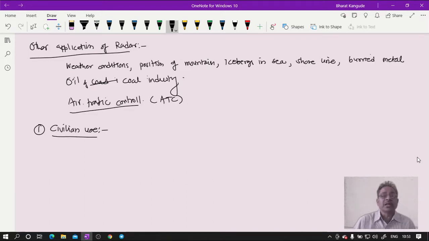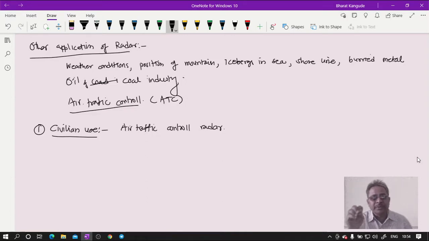So that is what I call air traffic control radar. I think you might have heard about this earlier. In the airspace of India or any country, if I take the example of India, you are not allowed to fly any object, maybe a helicopter or any other type of aeroplane, unless you take permission of this air traffic control authority.